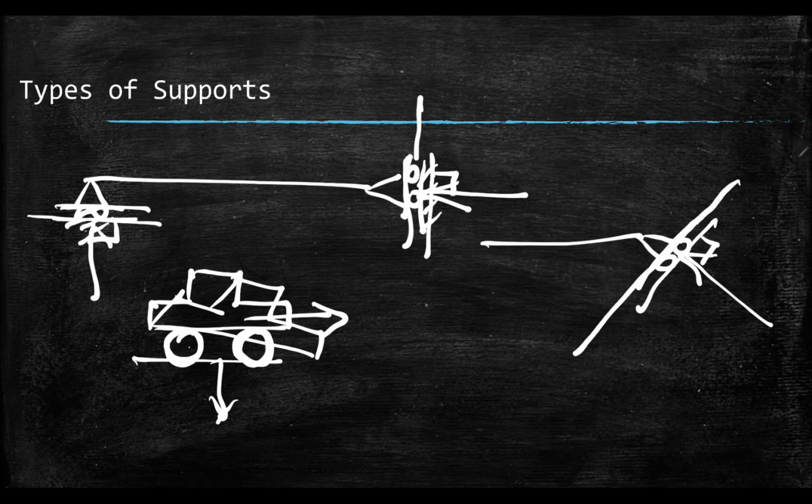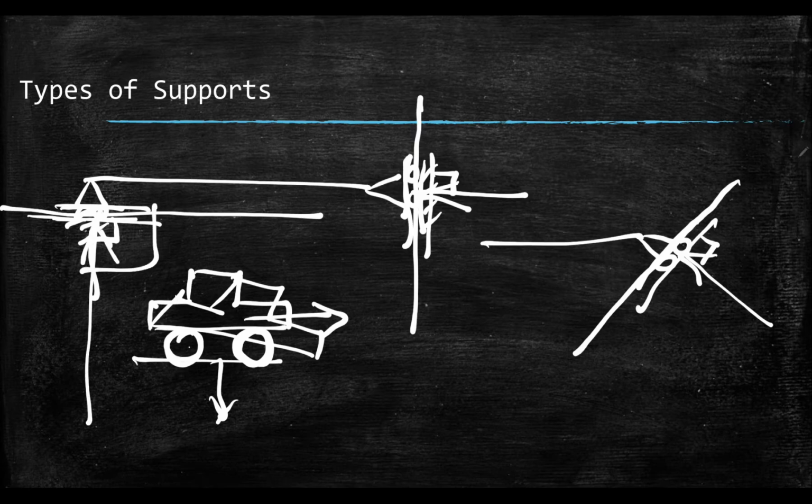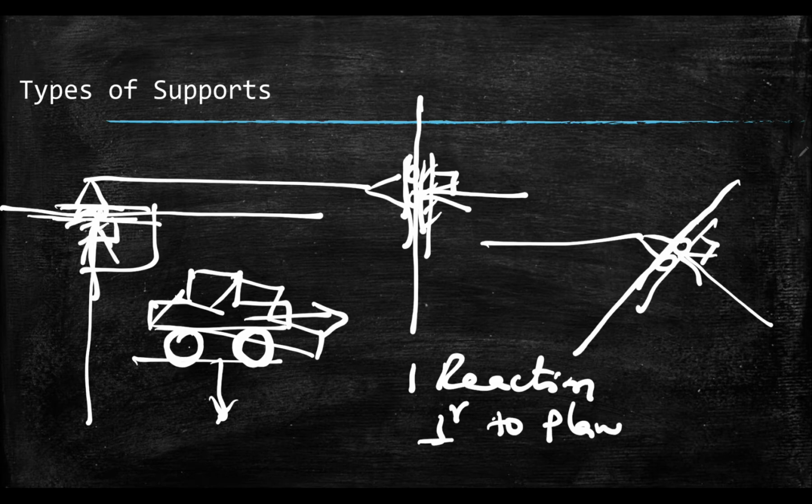If this is the plane of the support, perpendicular to this, it will offer resistance. So only one reaction will be there, and that will be perpendicular to the plane of the support. Please remember this, it is perpendicular to the plane of the support.